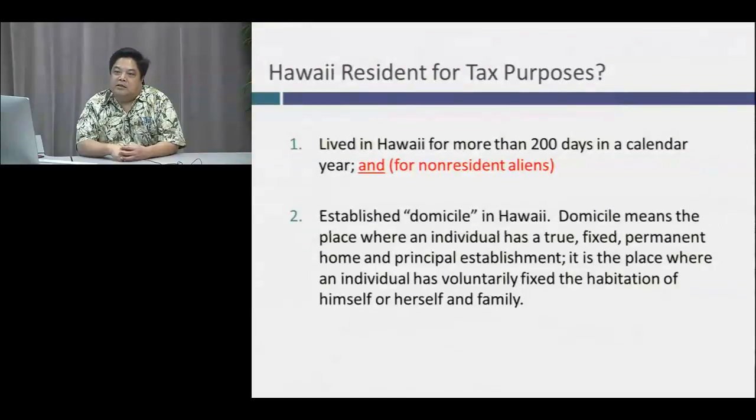So that's the long definition. Hopefully, if you fit all those definitions, you could be considered a resident for Hawaii tax purposes, even though you might have an F1, but I'll talk about F1, especially F1s.